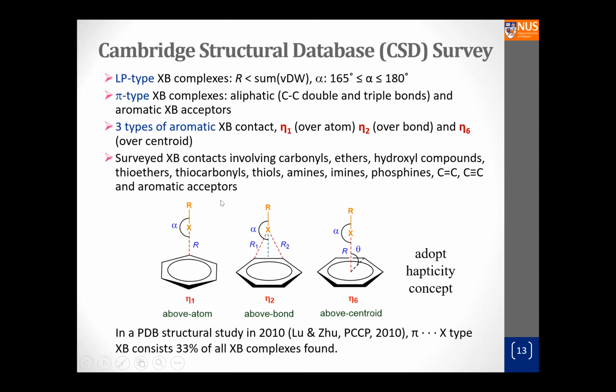So this updated survey involves in particular the pi type and aromatic contacts. Now, when you have a benzene ring, there are three possible places you can interact: over the atom, over a bond, or over the centroid. So we borrow from coordination chemistry: we call eta 1 for the atom, eta 2 for the bond, and eta 6 for the centroid.